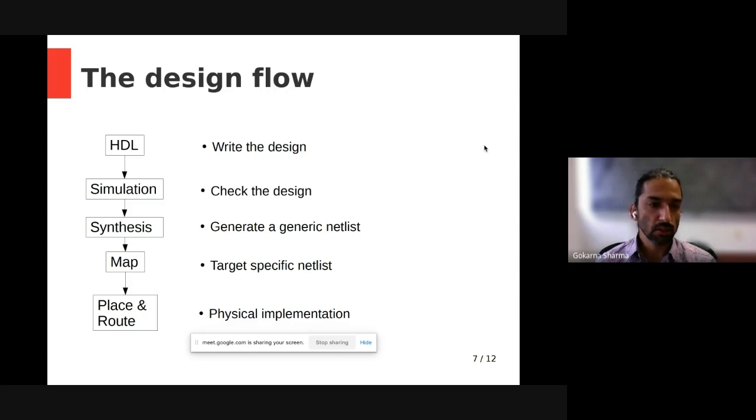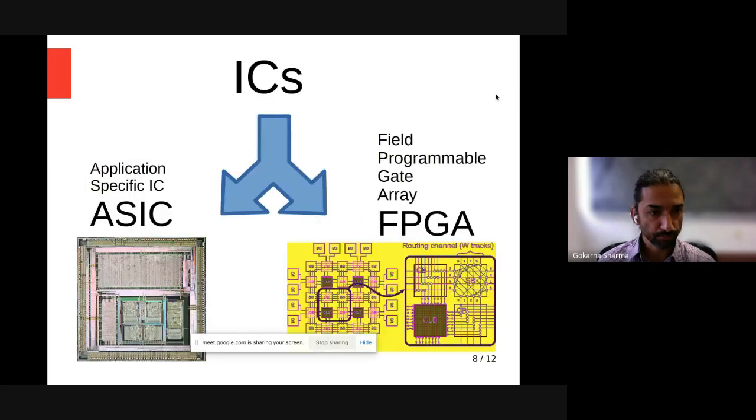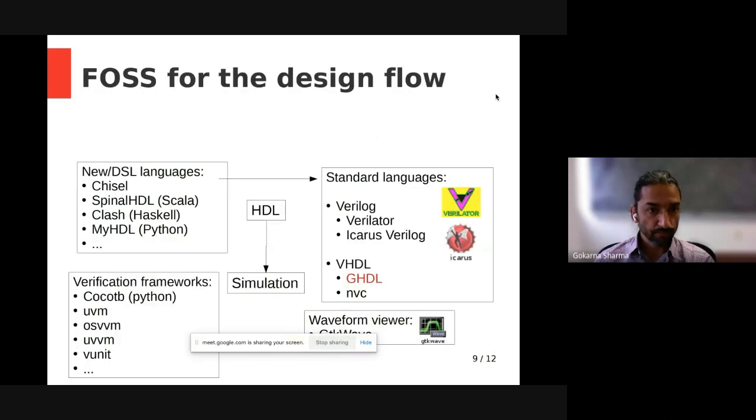So this is how the design flow works, and this is where the hardware description languages come in and how they help in this process. Again, for integrated circuits, we have application-specific integrated circuits or field-programmable gate arrays, and we can test the design here.